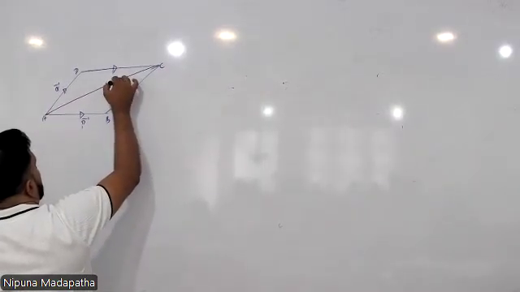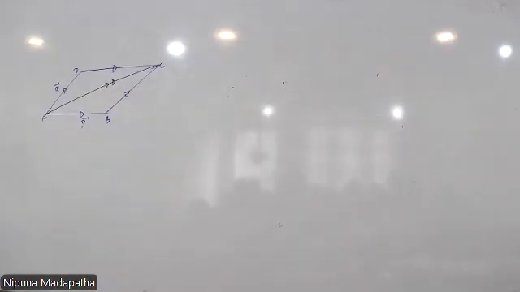Then what does this diagonal AC represent? It represents the resultant, meaning the addition of two vectors.